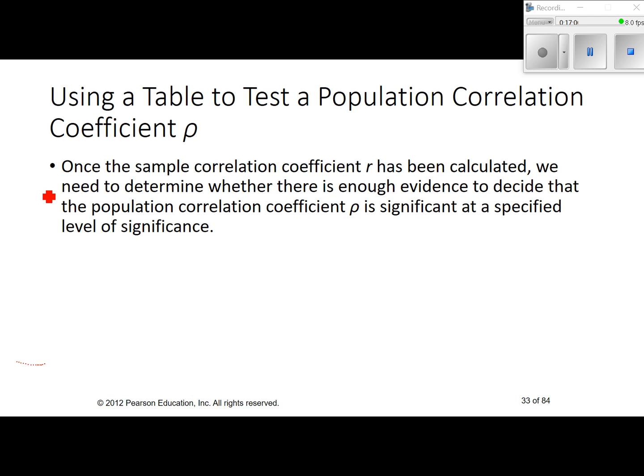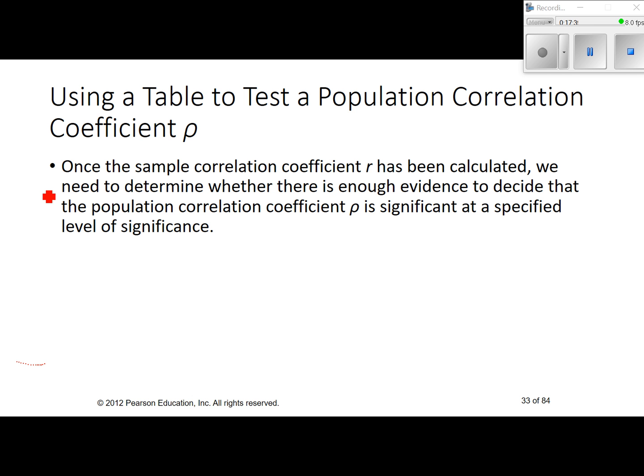So the next thing we're going to do is find r and stuff. I'm going to show you how to do that, but at the same time we're going to use a table that's in the back of the book. I also put one on Moodle, and there's one on this PowerPoint that lets us know about the population correlation coefficient, the rho, whether it is significant or not.